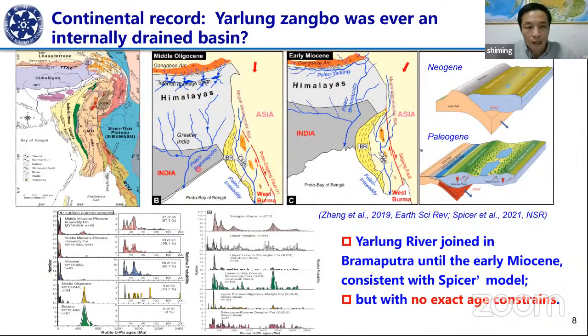And a recent comprehensive review suggests that the Yarlung River didn't flow easterly or westerly to the sea, but was an internally drained basin before the Miocene, and then joined the Brahmaputra until the early Miocene. So this is consistent with Spicer's tectonic model of a very flat and low topography in the Himalaya region before the Miocene. However, all these studies lack exact age constraints.